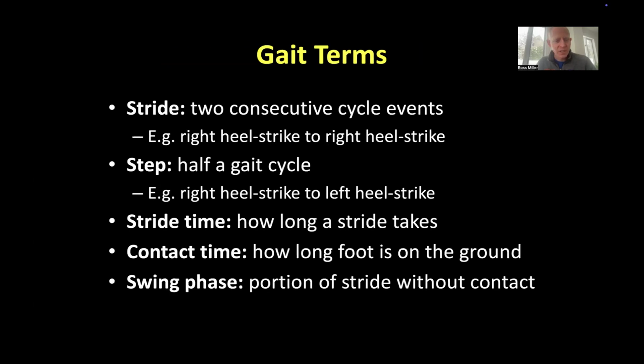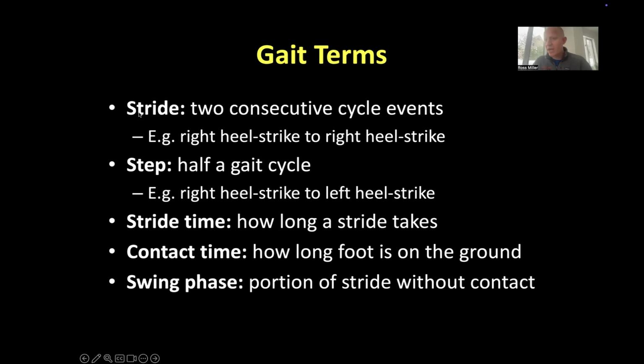Okay. Now, that fraction of time, either within a stride or in a step, whatever you're interested in, where the foot's on the ground, we call that the contact time, how long the foot is positioned on the ground. The other part, where you're airborne, we call that typically the swing phase. Okay, so there's a contact phase, the part of the gait cycle when that leg is on the ground, and there's a swing phase, the part of the gait cycle where the leg is airborne and being swung through the air.